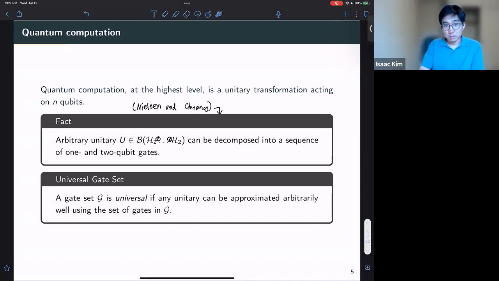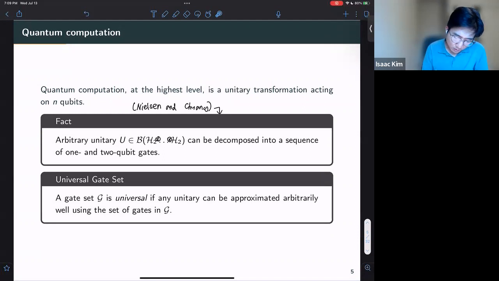What this means is that 1 and 2 qubit gates are universal in the sense that no matter what kind of unitary transformation you want to apply, you can build that up from 1 and 2 qubit gates.